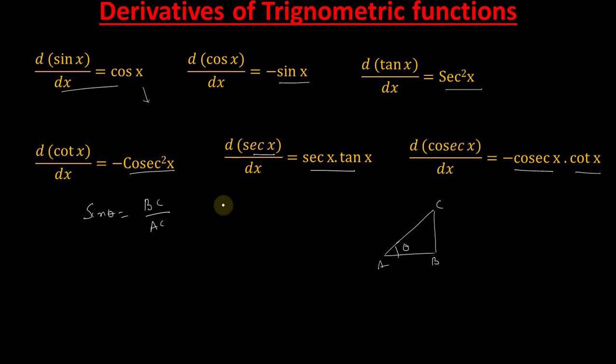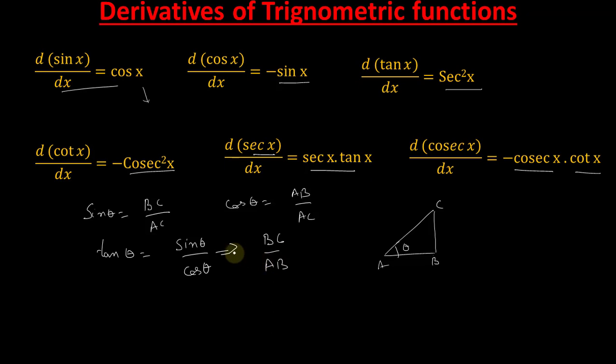Cos theta is the base, AB by AC. So AC is called the hypotenuse. Tan theta is sin theta by cos theta, which is basically perpendicular by base. So tan theta is BC by AB.